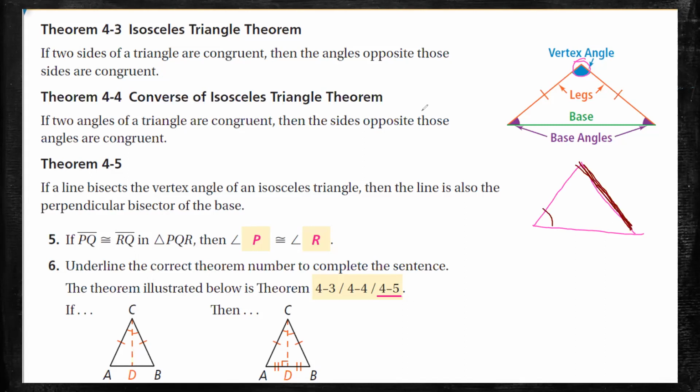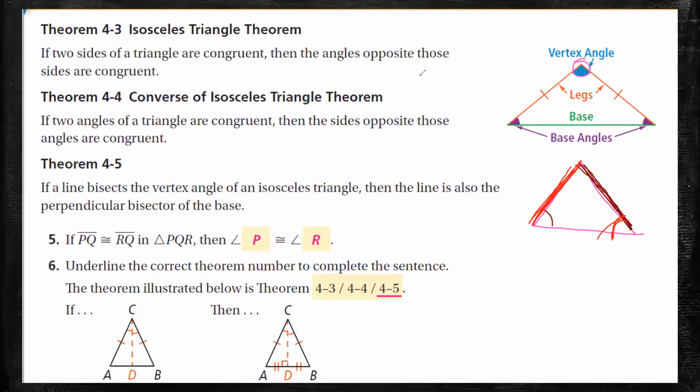And also, if we have this side, this will be its opposite angle. This is what we said about the isosceles triangle. The isosceles has two sides that are equal and two angles that are equal, and in an equilateral triangle, all the sides are equal and all the angles are equal.